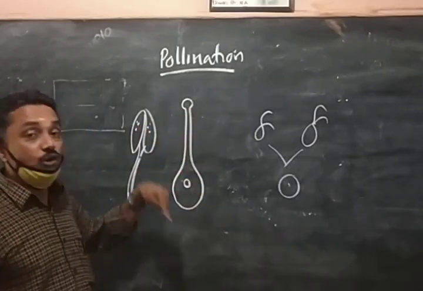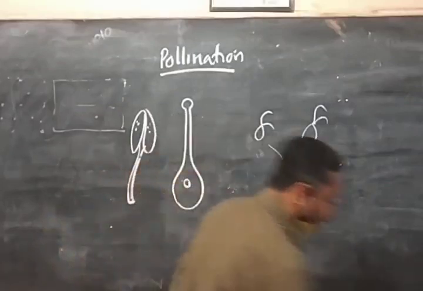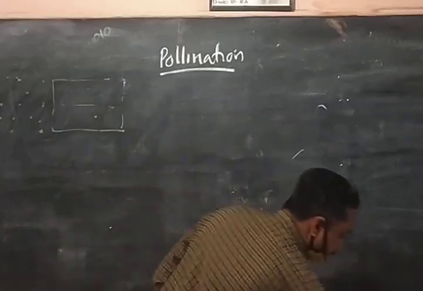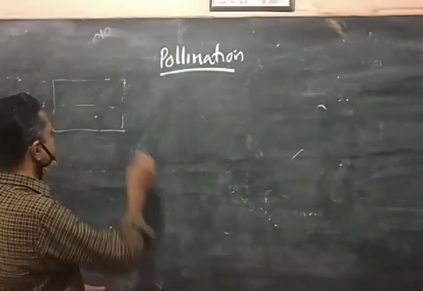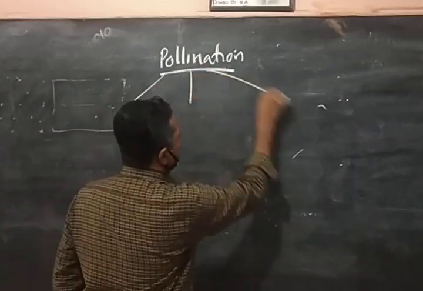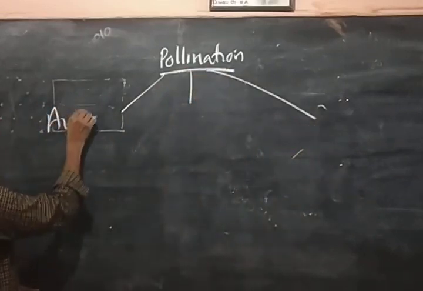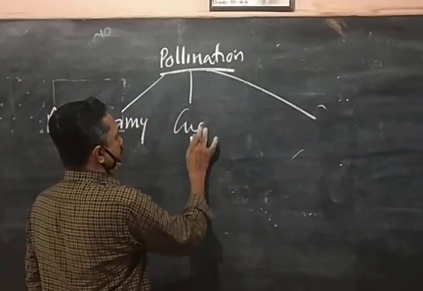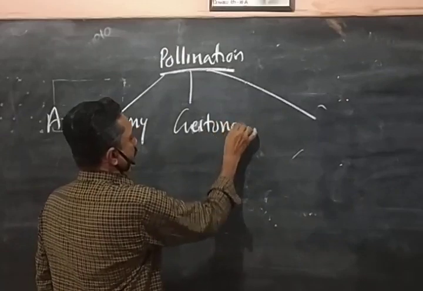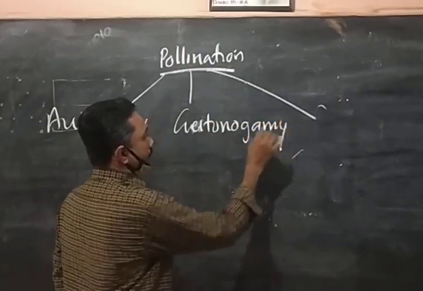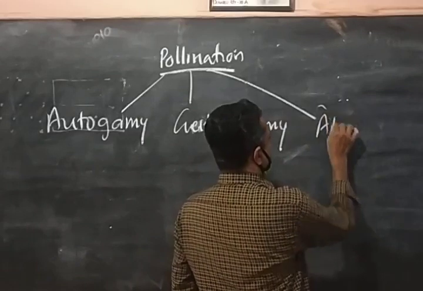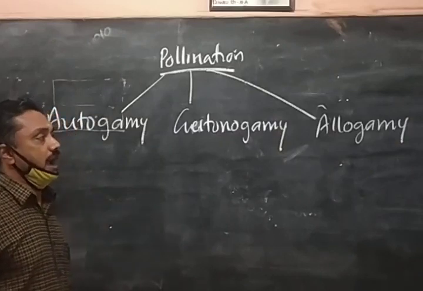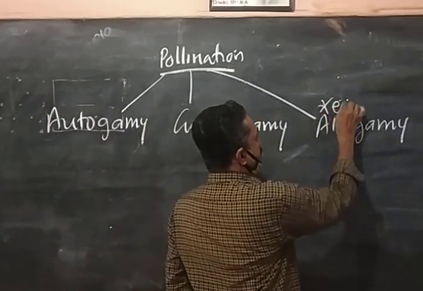There are three types of pollination. First of all, we classify pollination into three categories: first autogamy, second geitonogamy, and third allogamy, otherwise called xenogamy.